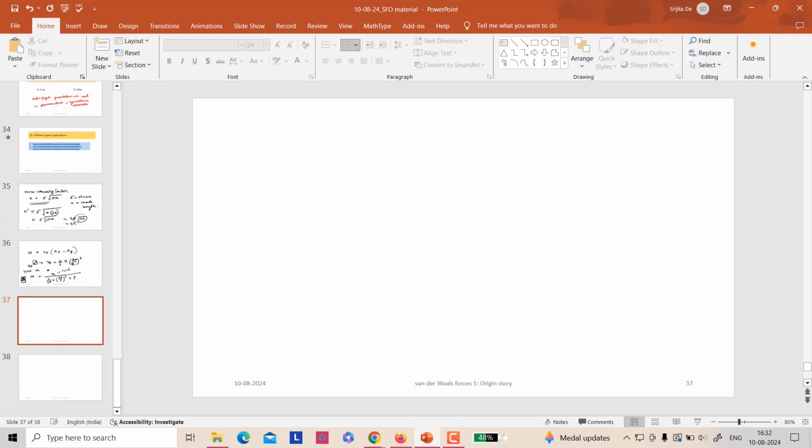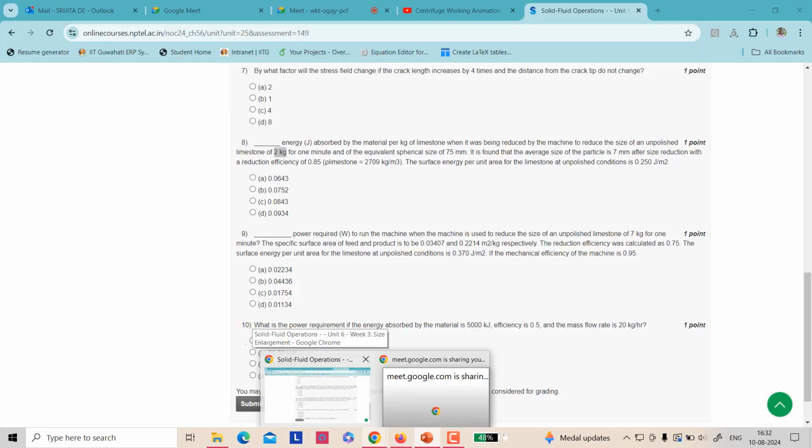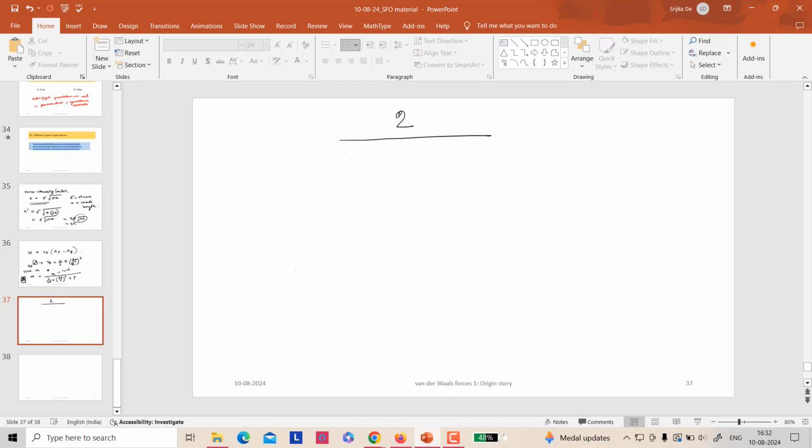So in this case, what will happen? The mass is 2 kg, right? For mass 2 kg, limestone density is 2709, and for the feed particle, the diameter is 75 millimeter.